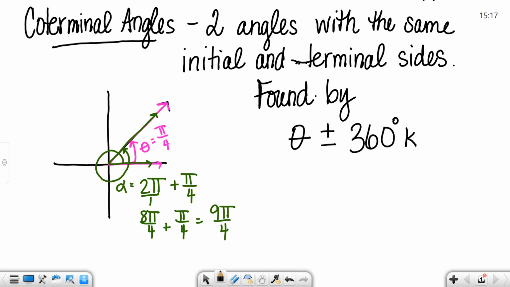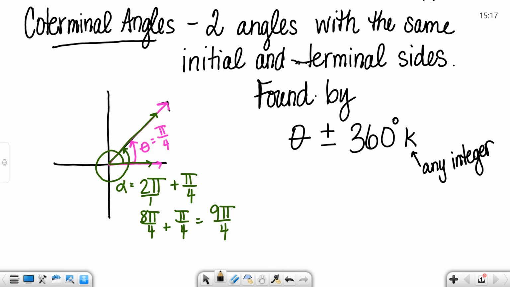We could subtract 2 circles, and so 360 times k, where k is any integer. So if you wanted to go around the circle 3 times, you could do that and then add pi over 6. That would be 2 pi, 4 pi, 6 pi, plus pi over 6. But then it's a really, really big angle.